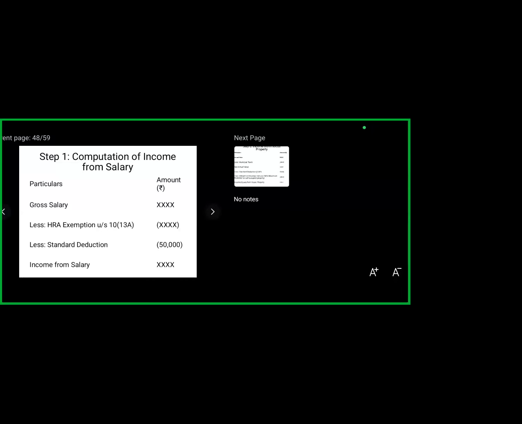Computation of income from salary. Here is a rough table just for the purpose of remembering. Gross salary less HRA exemption less standard deduction. When I say standard deduction, it is two different amounts under two heads. HRA का डिडक्शन ओल्ड में है, तो ओल्ड रिजीम के हिसाब से स्टैंडर्ड डिडक्शन 50,000.